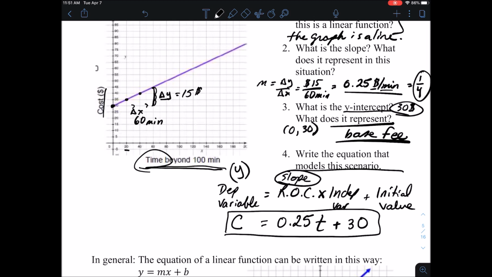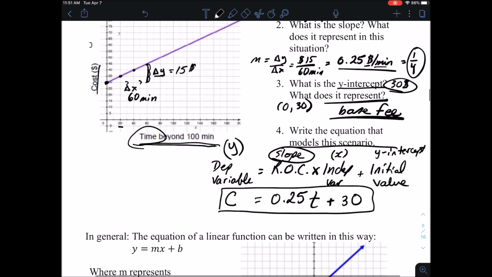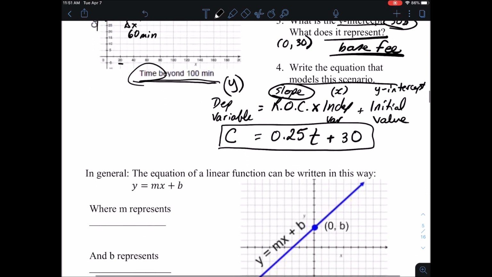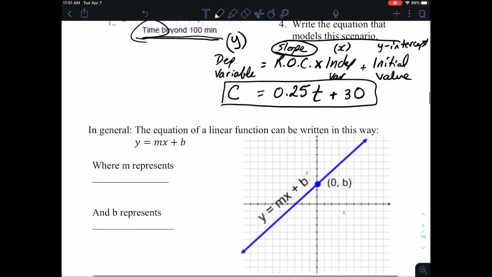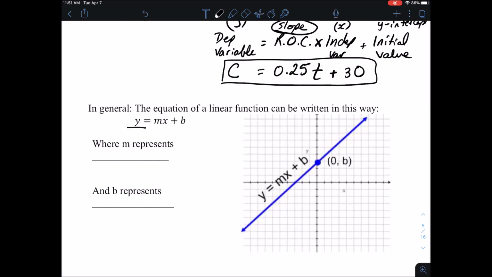The rate of change really is the slope, isn't it? So those two ideas are identical. It's just in the other chapter we called it rate of change. The independent variable, that's my x, and the initial value is the y-intercept. So that's why we call this the slope y-intercept form. And here it is, y equals mx plus b.